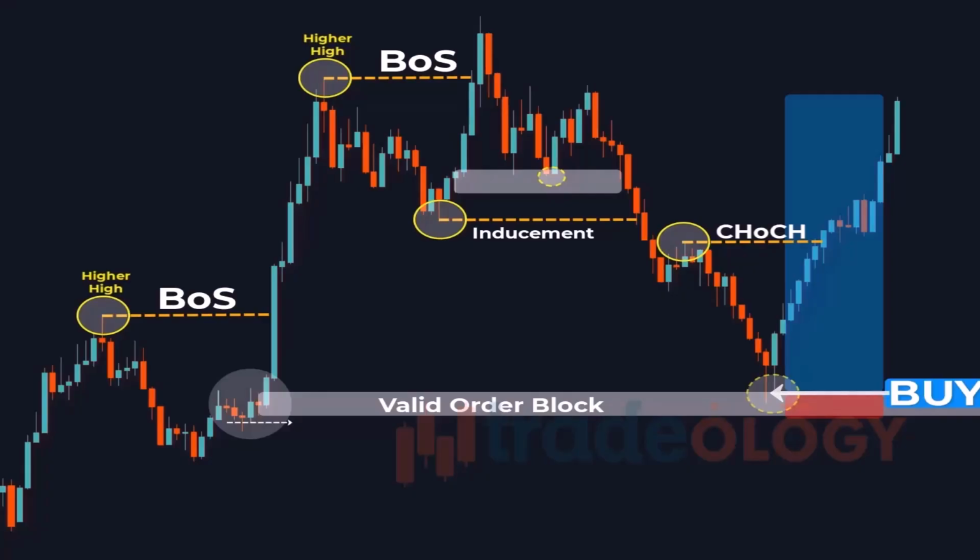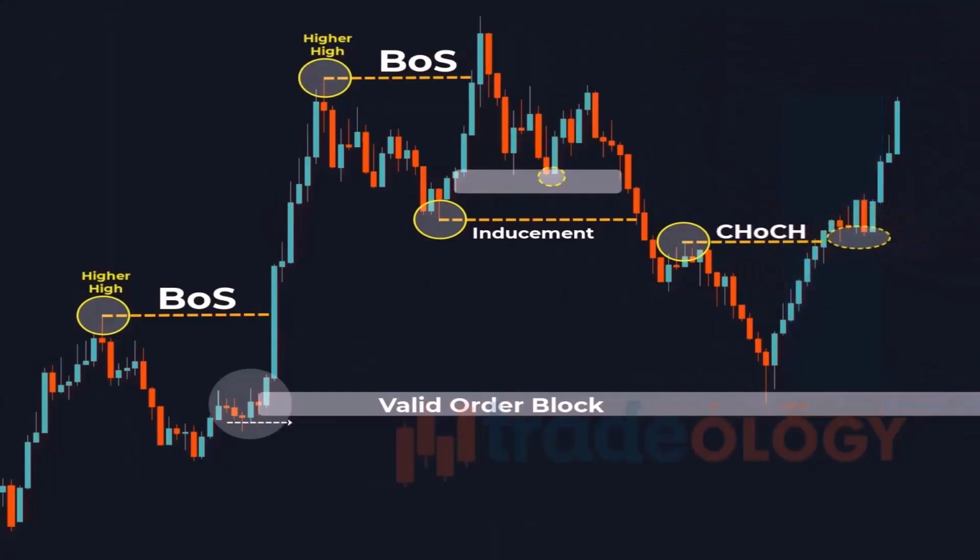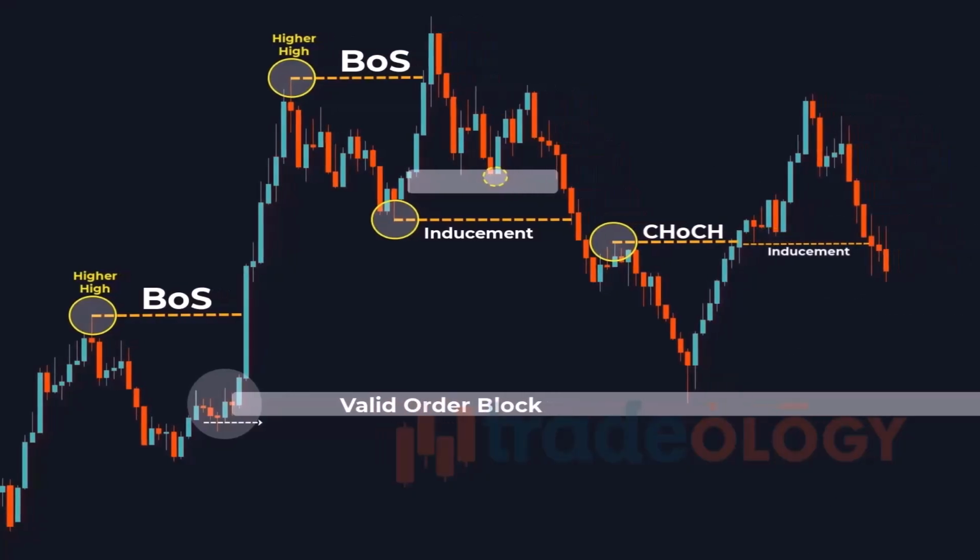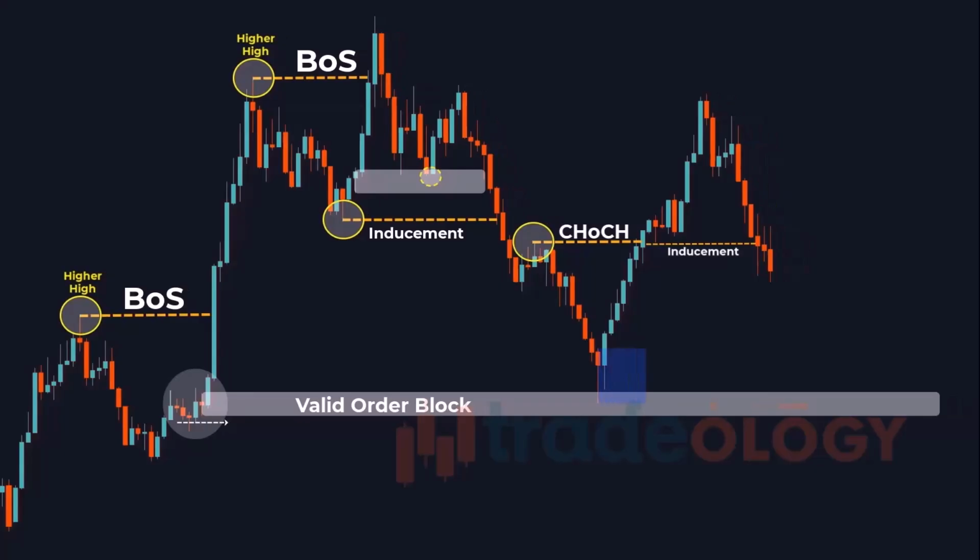In this case, the low of this candle represents the most recent internal level formed by price in its upward path. So after the market clears this inducement, the next step is to wait for price to return to the valid order block we've identified.